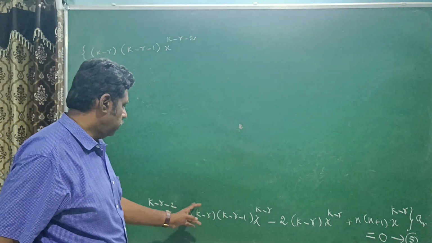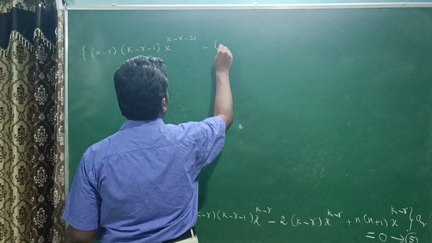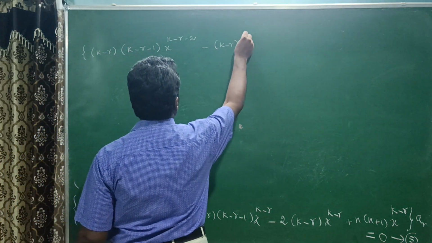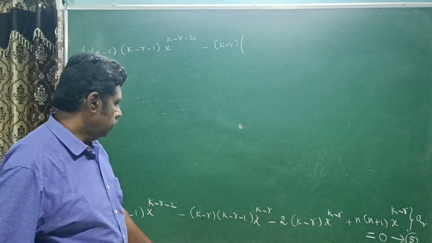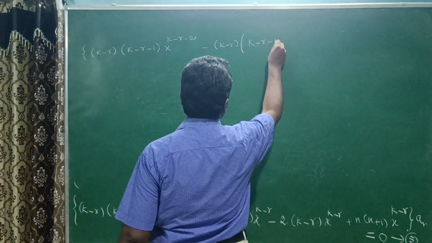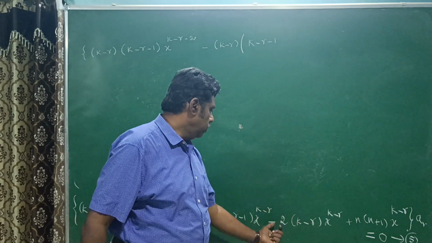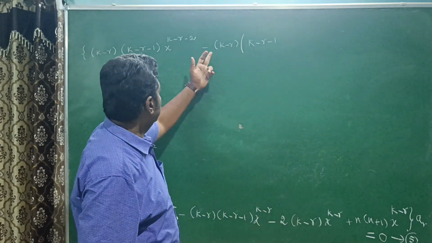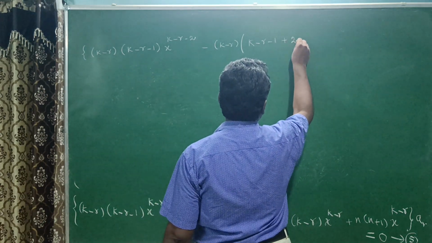Then take this minus of (k minus r) as a common term. Now open a bracket. This is (k minus r minus 1). This is minus 2 into (k minus r), but we have taken out minus (k minus r) as a common term, so we write plus 2 here.